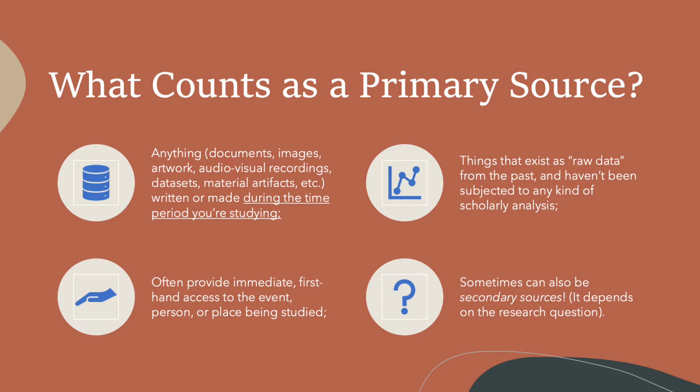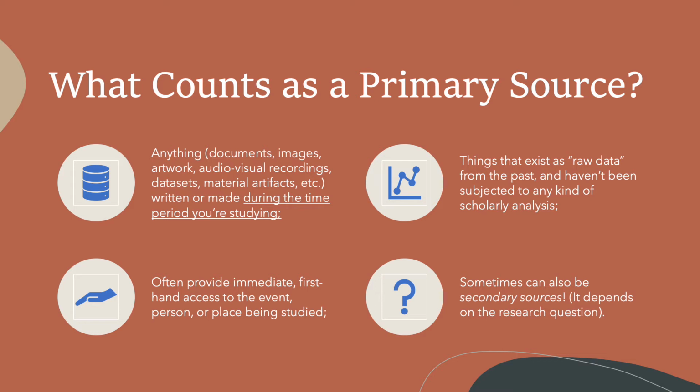That, in history, is how we make the distinction between a primary source and a secondary source. A primary source is one that was created or published in the time period that you are studying, and it can literally be anything. Historians usually think of primary sources as the raw data of the past.